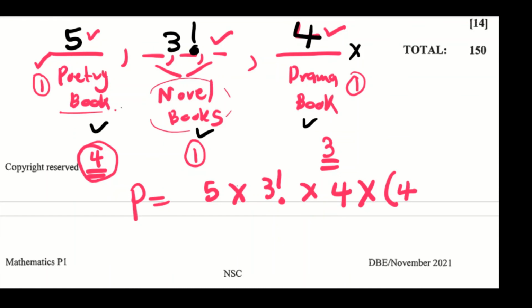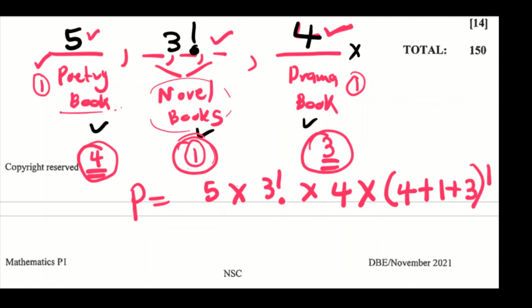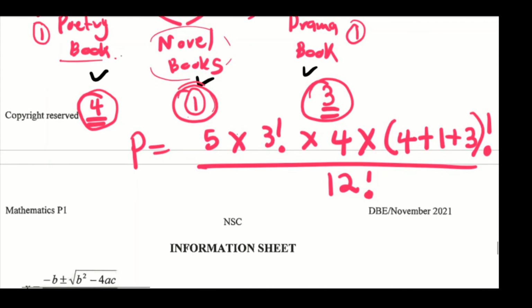So you're just going to write 4 poetry books plus you have 1 novel book. So all these 3 novel books are going to be treated as one novel book. So you're just going to write 1 plus you have 3 drama books if you choose to use 1 drama book out of the 4 choices that you have. So you're just going to write 3 and then you say factorial like this, divided by the 12 factorial, which is the number of books, the total number of books, right?